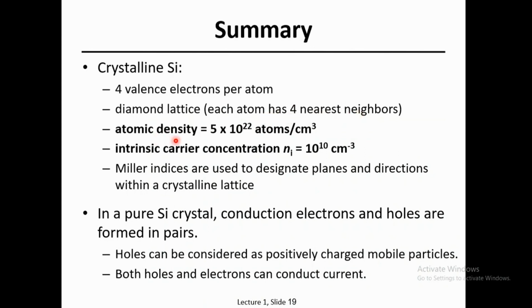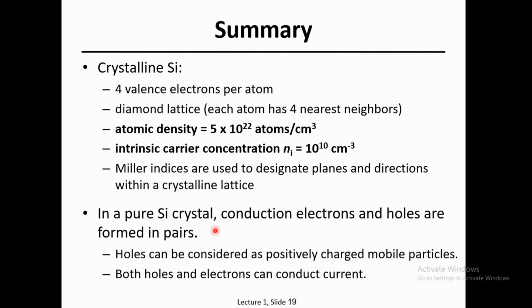It has an atomic density of 5 times 10 to the 22 atoms per cubic centimeter. The intrinsic concentration is 10 to the 10 per cubic centimeter. We use the Miller indices to give us the direction within the crystalline lattice.